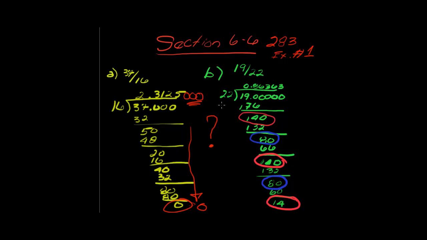The other option is on the right hand, where if we look at the fraction 19 over 22, we can see that we will have 0.86363.